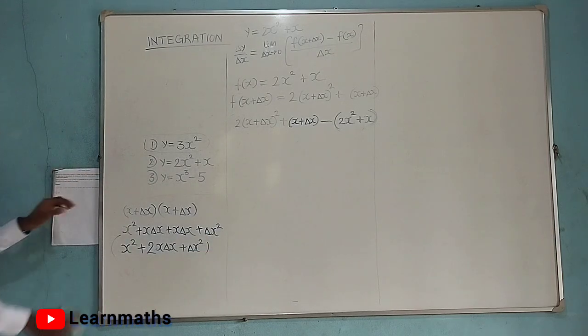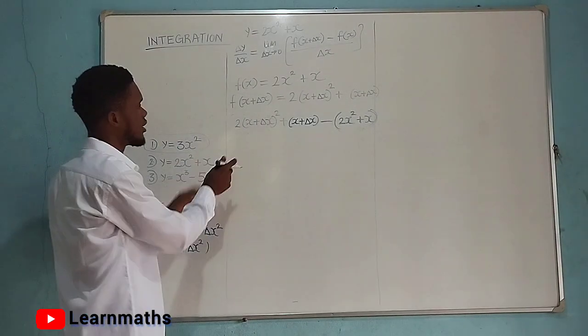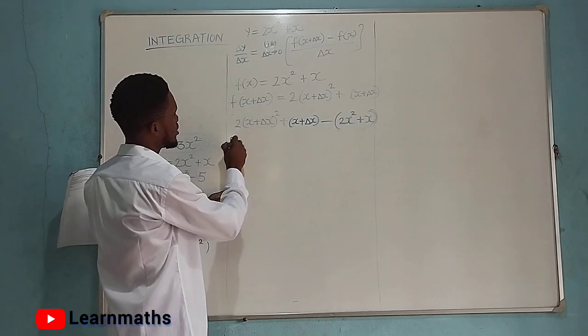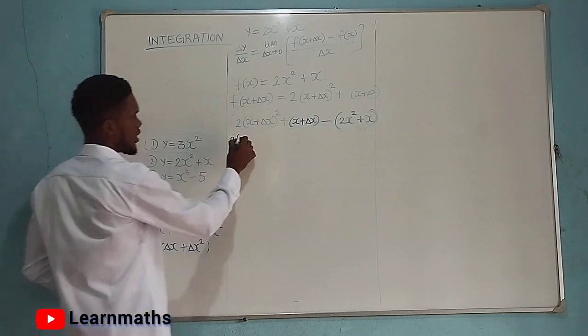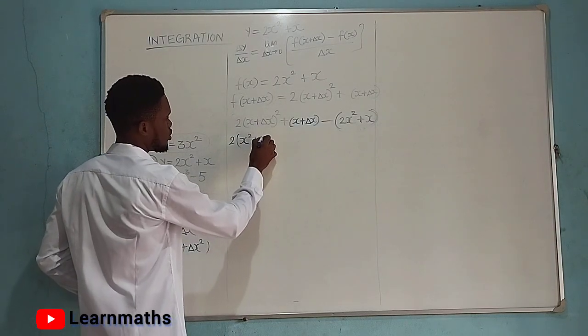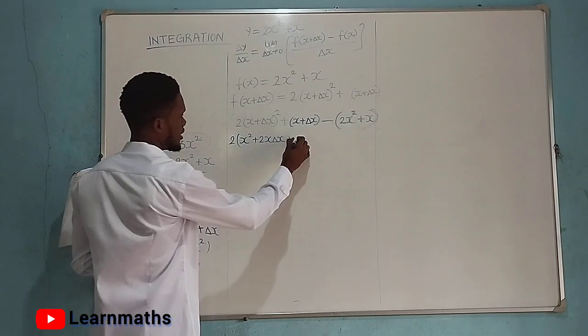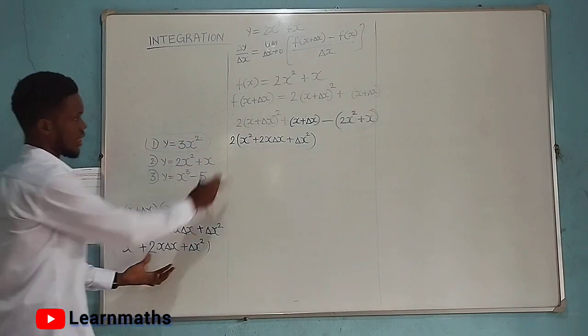So expanding this bracket is what we have. Let's input this into our subtraction. So this is going to be 2 times, and this bracket which we expanded is x squared plus 2x change in x plus change in x squared.